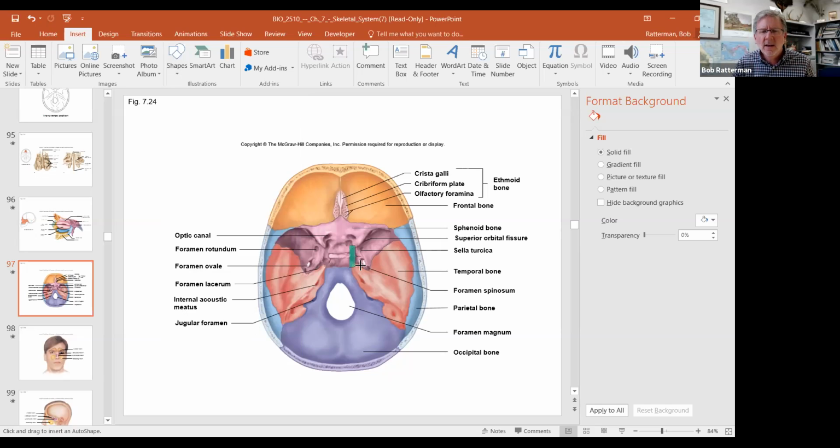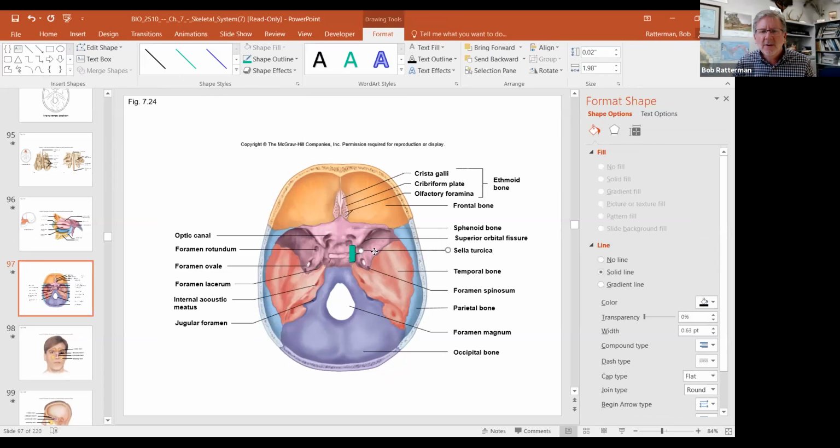Turk's saddle. So there's Turk's saddle. It's this whole structure here. Where you sit your butt down into the saddle, that's the hypophyseal fossa. It's not on this sheet, I don't see any term, but that's where it is.